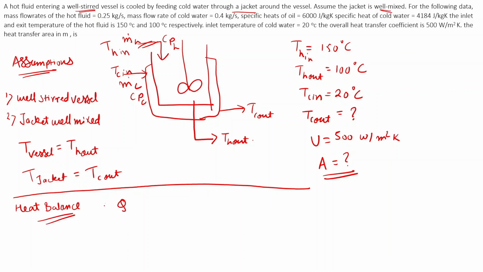So this change of heat for this cold fluid will be equal to the change of heat across the hot fluid, and this will be equal to the change of heat across the vessel. Okay, so let's just consider the first two terms and solve it.